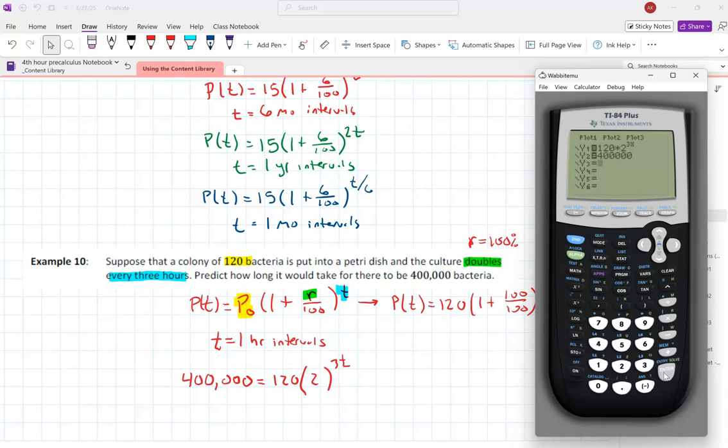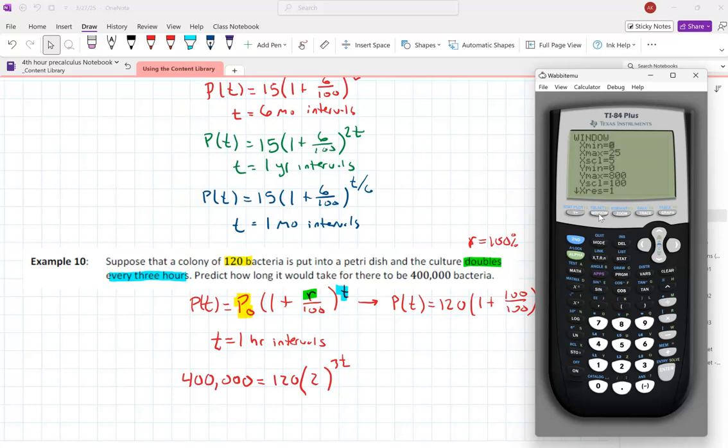So there's my equation in my calculator. Everybody feel okay with what I typed in? I'm going to set a window now. So remember, our T is representing time in hours. So after 3 hours, I've gone from 120 to 240.